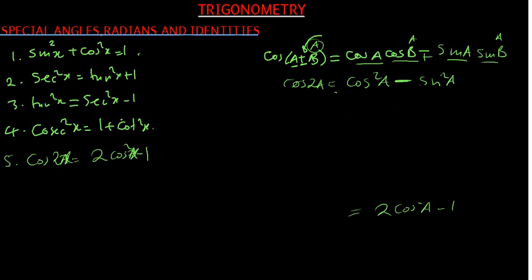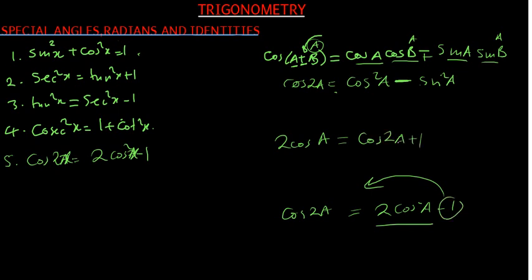So this is coming from cos 2A. If I take the 1, this side becomes positive. What I'll remain with here is 2 cos squared A, and that is going to be equal to cos 2A plus 1, because the 1 has gone across and become positive. So I divide through by 2, everything divided by 2.